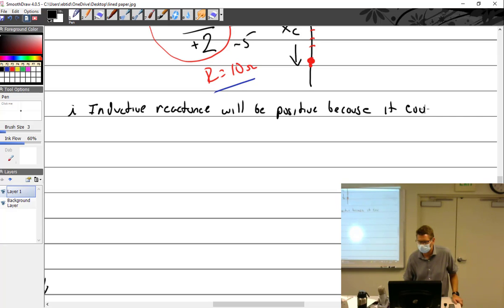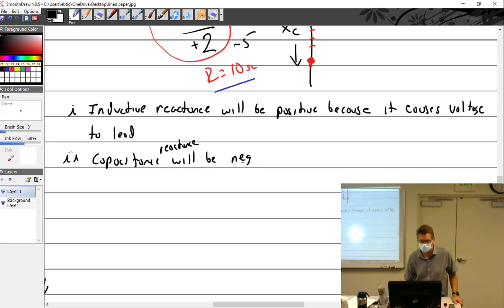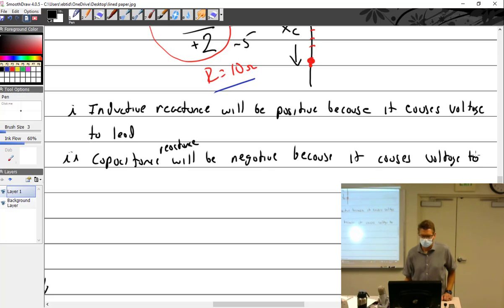And capacitive reactance will be negative because it causes voltage to lag.